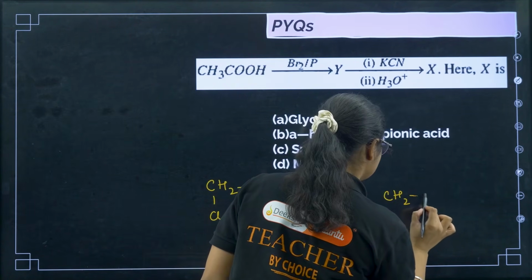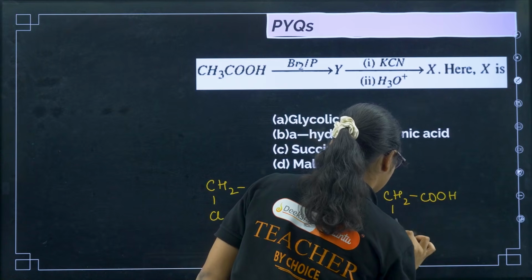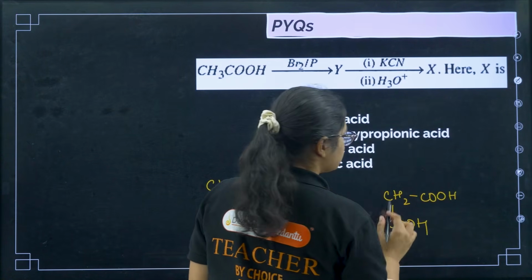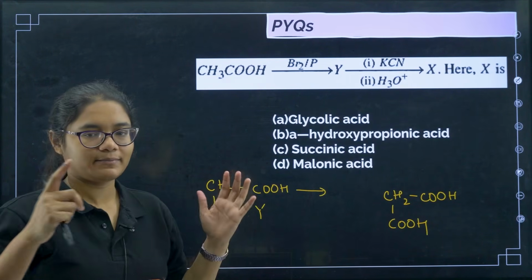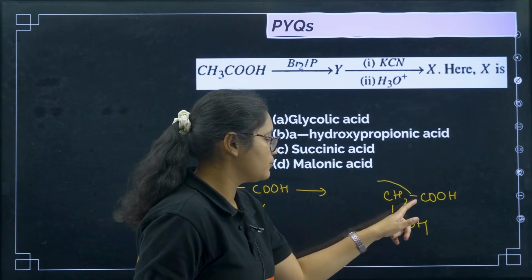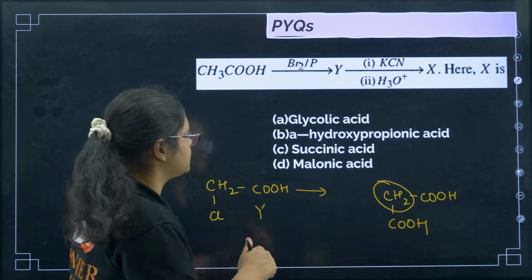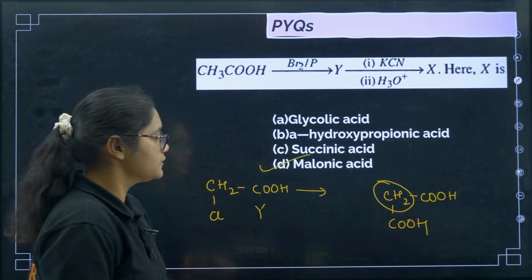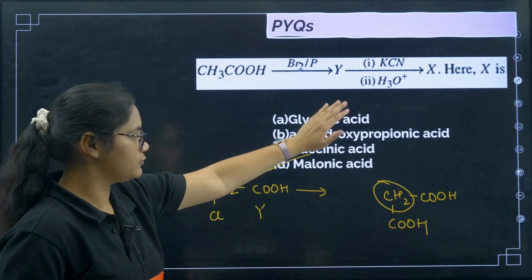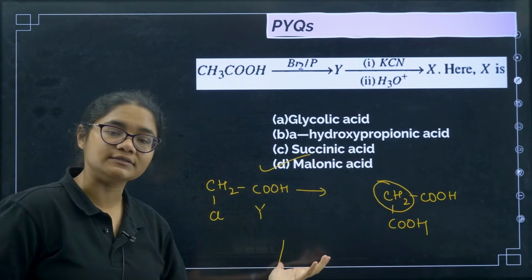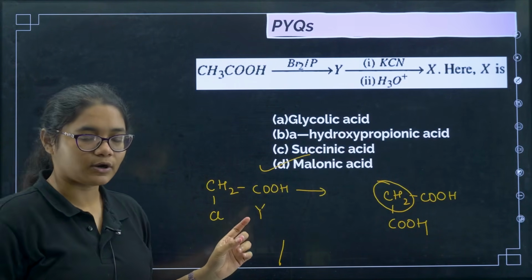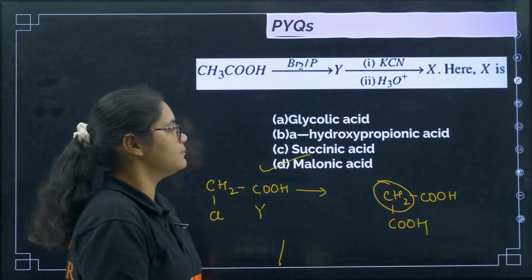So what I will get? CH2 COOH and COOH. So this is which compound? You remember OMSGA. So if there is one CH2 group only, so it is malonic acid. That is option number D. So if you know, you might do the product, but if you do not know this one, you will not be able to answer. So that is why I told you that OMSGA is very, very important.